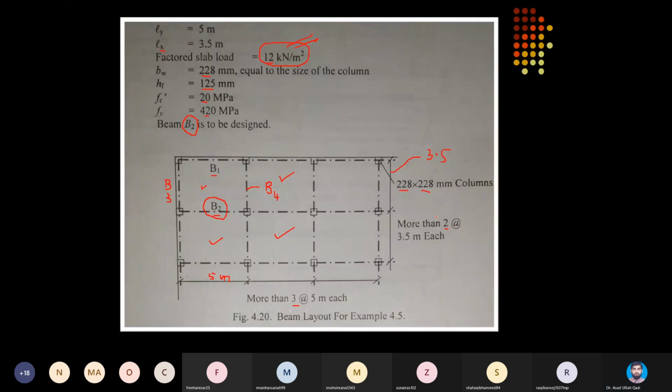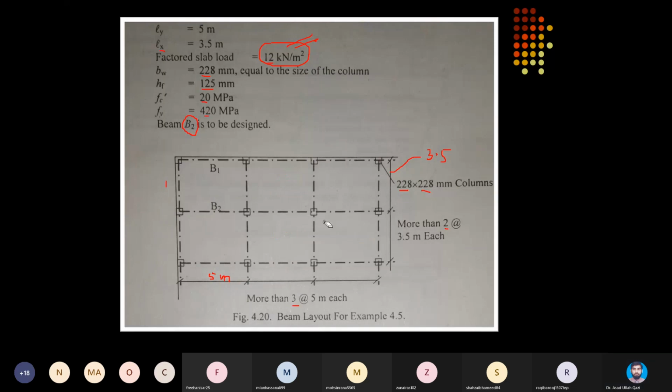Now, in one of our topics on load transfer path, I discussed with you how load will be transferred to the beams if slabs are one way or two way.